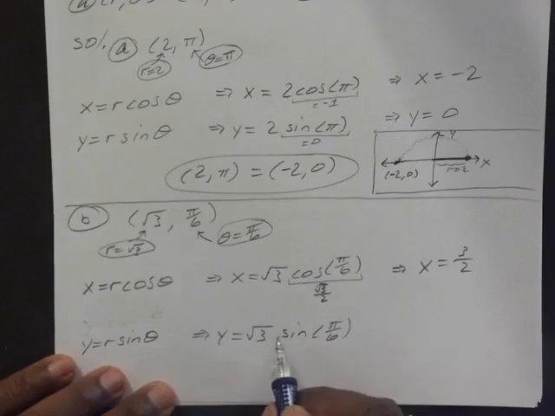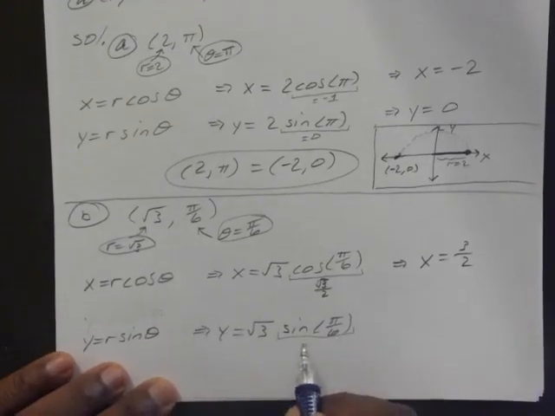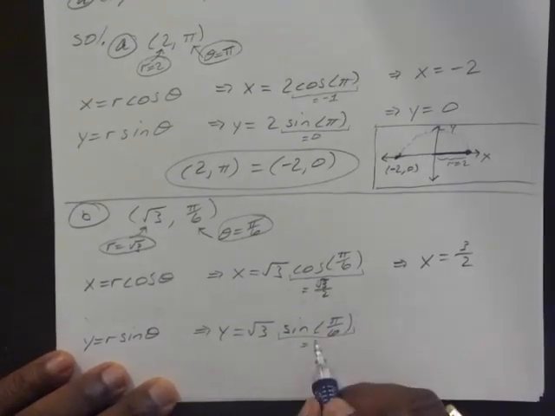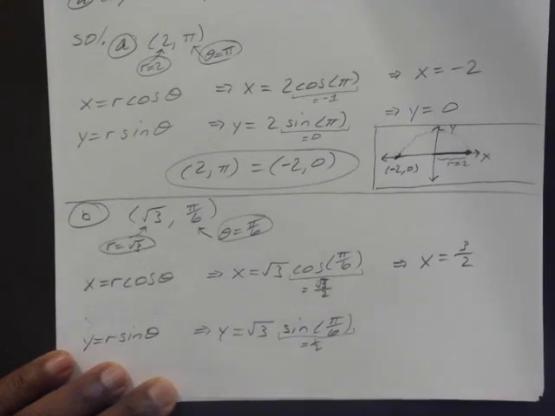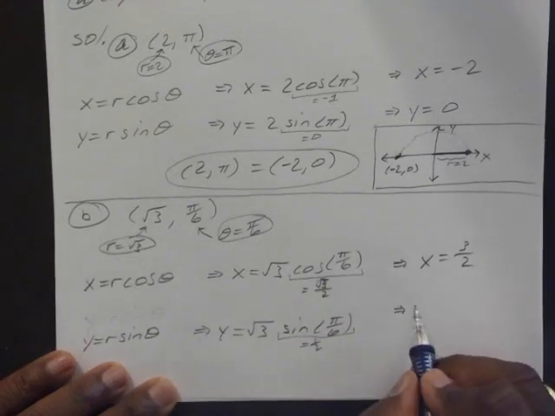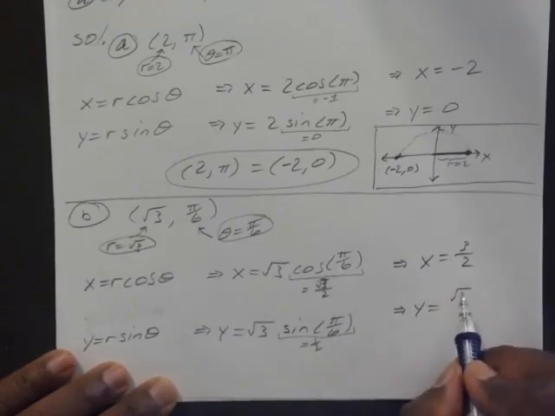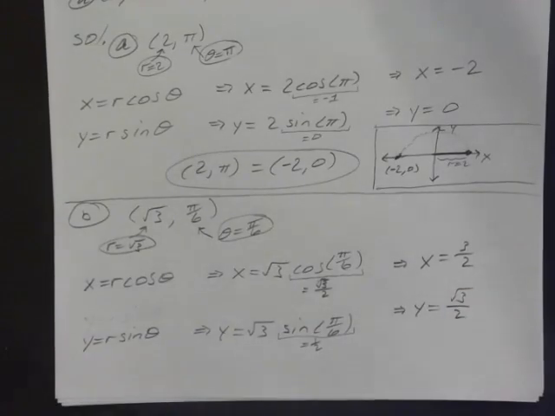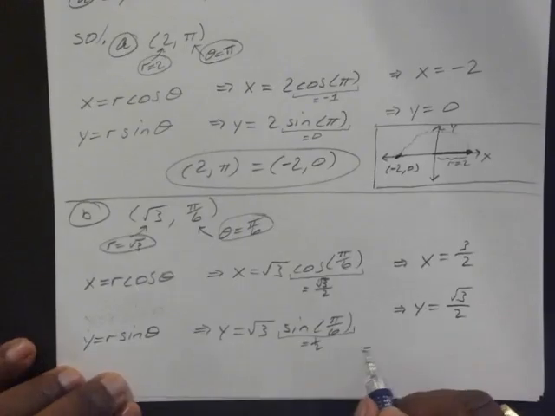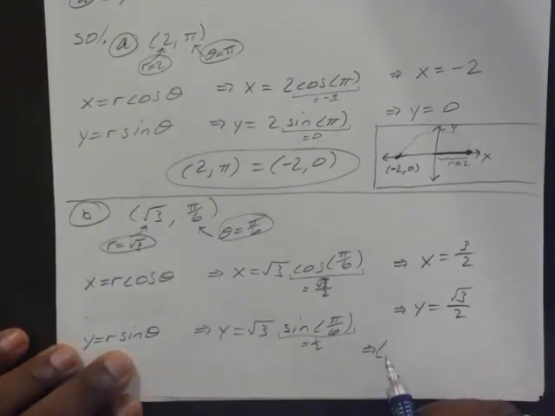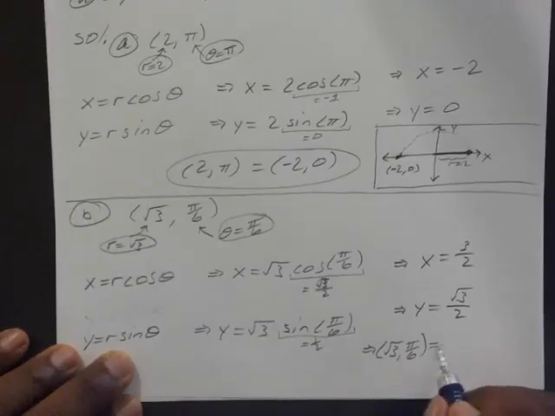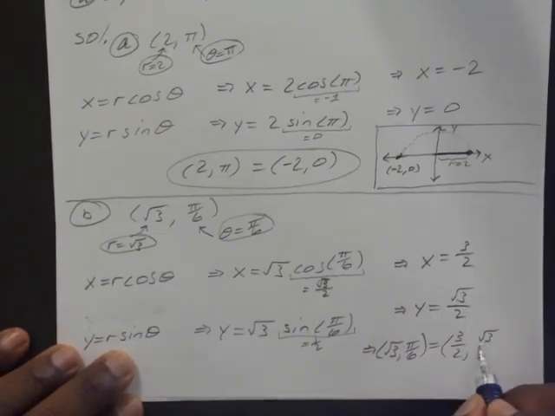Well, sine of pi over 6 is just 1/2. So that means that y is just equal to square root of 3 over 2. Which means our polar coordinates, square root of 3, pi over 6, is in the exact same place as the coordinates 3 over 2, square root of 3 over 2.